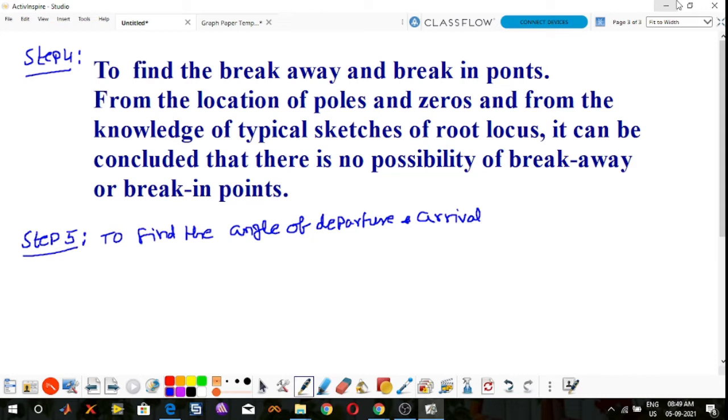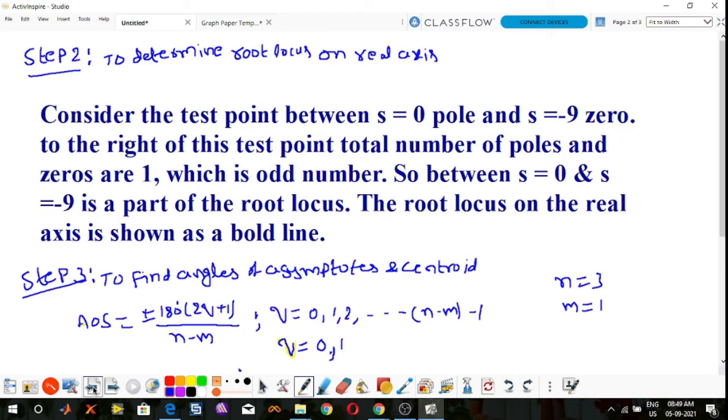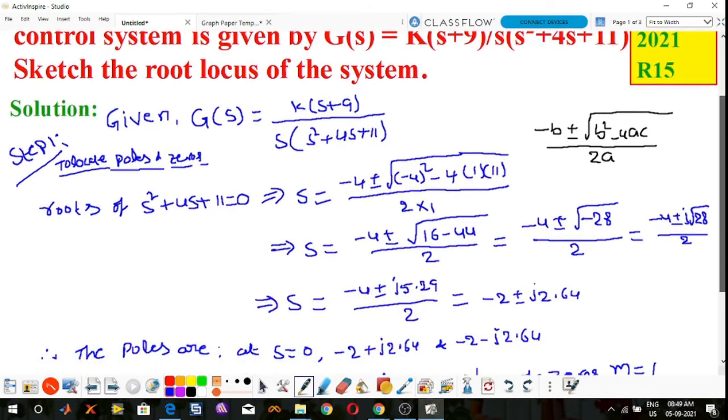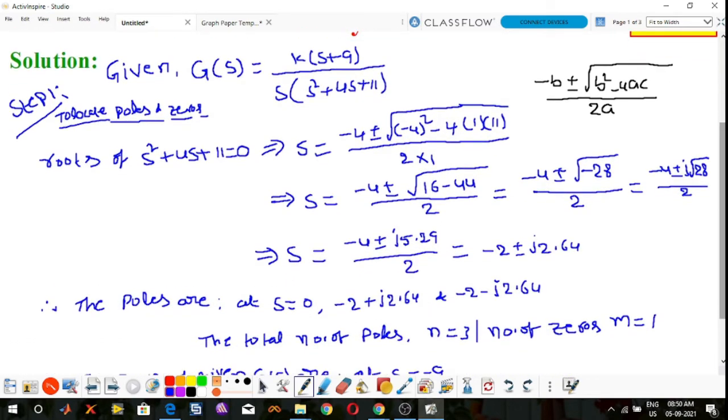So if the given open loop transfer function has complex conjugate poles, we can determine the angle of departure, and if the given open loop transfer function has complex conjugate zeros, we can determine the angle of arrival. Now in this example, the given open loop transfer function has only complex poles, at s equal to minus 2 plus or minus j 2.6.